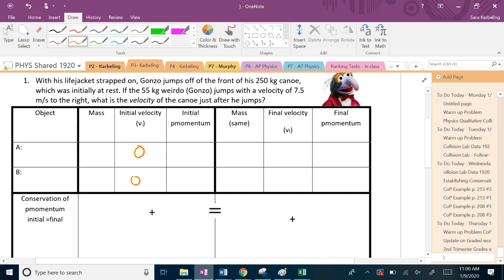The final velocity, if this is Gonzo, the final velocity is 7.5 meters per second. And this is what we're looking for. We're looking for the final velocity for the boat. It will be negative. Okay.